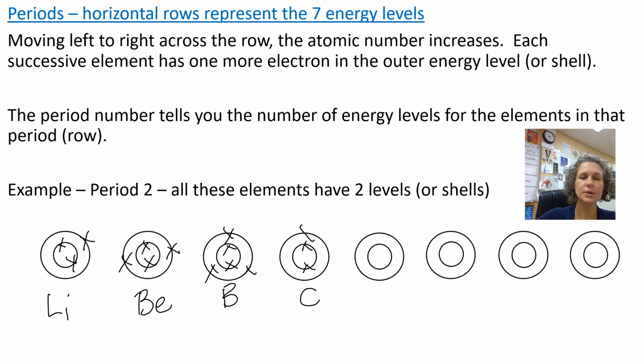So 1, 2, and 3, 4, 5, 6. Nitrogen is 7. 1, 2, 3, 4, 5, 6, 7, and so on until you get all the way over to neon at the end, and it will have 2 on the inner circle and 8 on the outer.